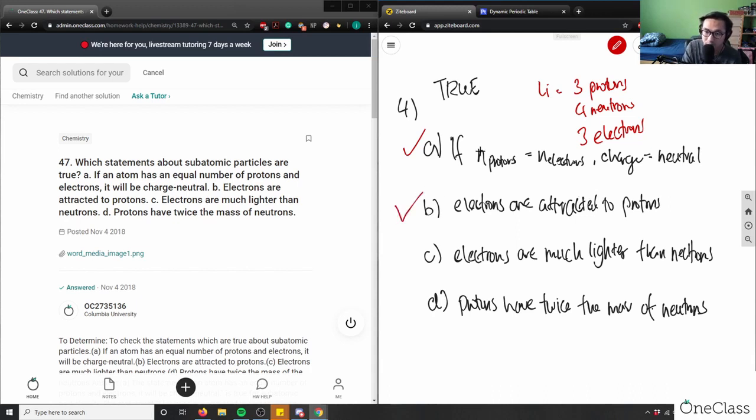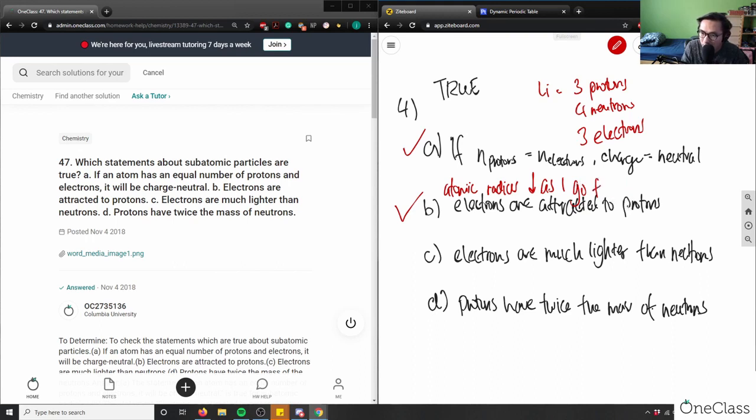I'm using this logic of atomic radius decreasing as I go across a period from left to right.